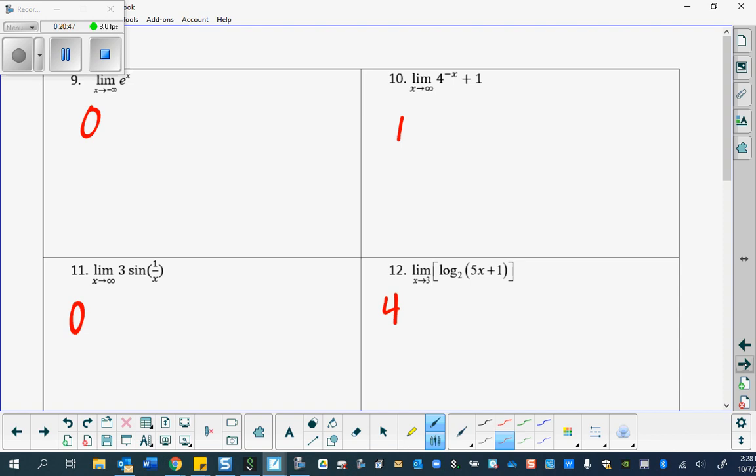On the back, 9 and 10. Again, which calculus student are you? Are you the one that did your homework? Are you checking your answers? Are you the one who hasn't done your homework yet? But you're going to. So you're going to write the answers, and you're going to put a little box around it.